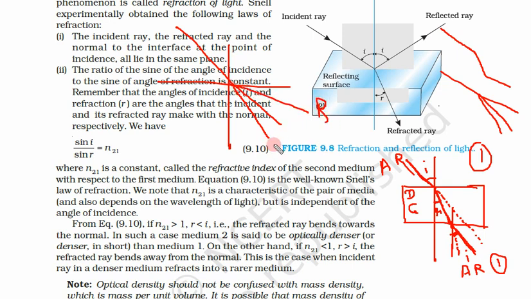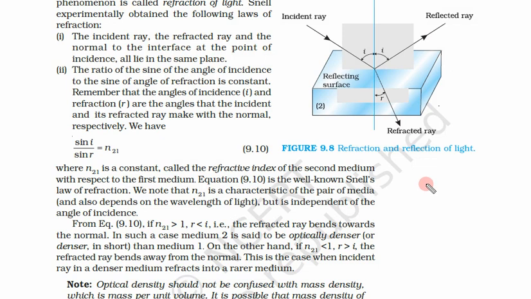This is rare, this is denser, this is original. So with this simple figure we can understand the refraction. If this is the interface, this was the light's original direction. So what we do, on the interface we draw a normal.